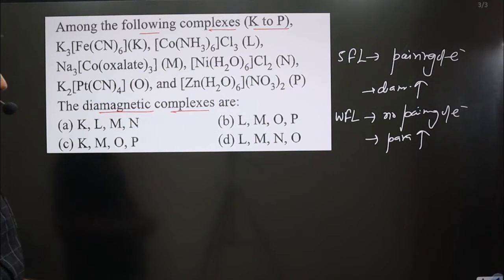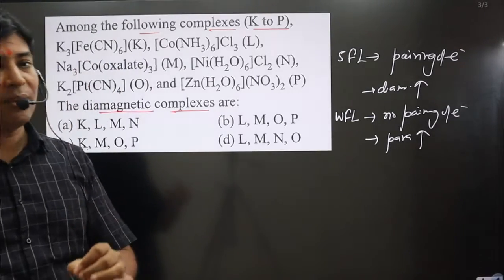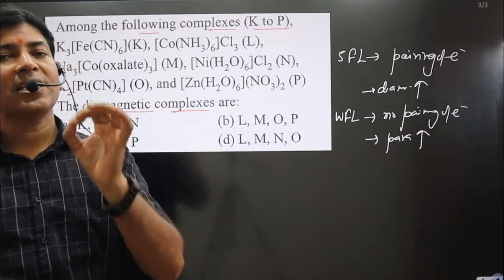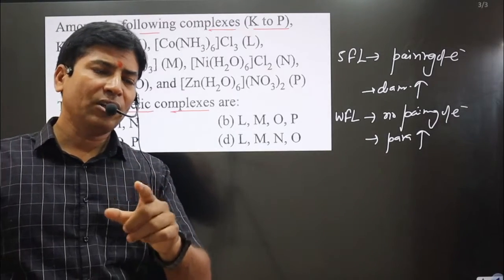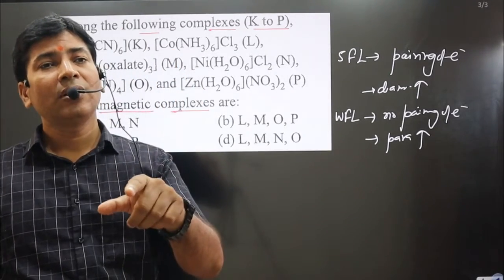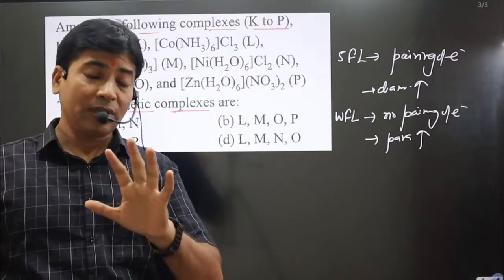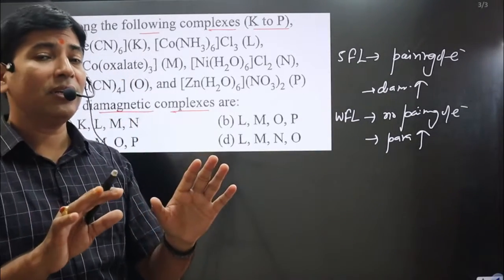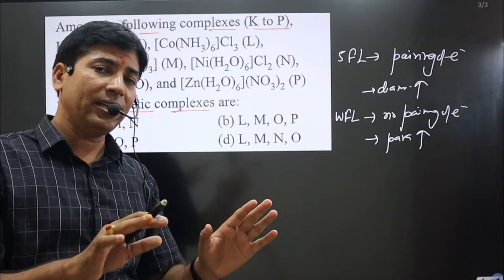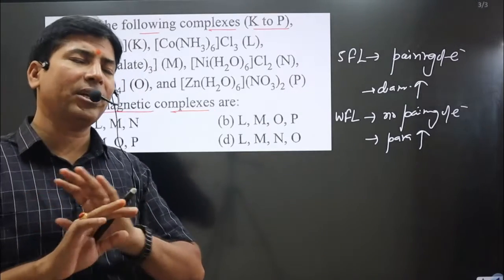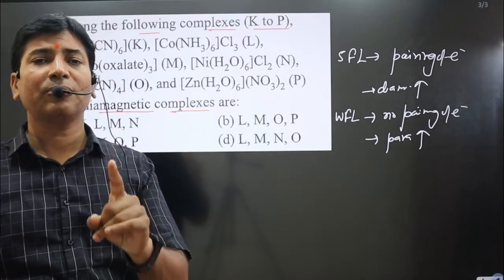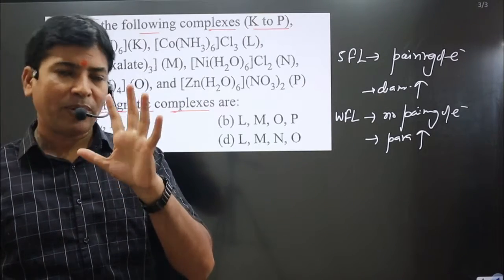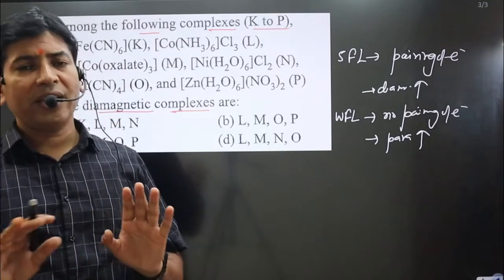And one more thing you should keep in mind: if the central metal atom has an odd number of electrons, it will definitely have paramagnetic character. Why? Because even if a strong field ligand or a weak field ligand is present, it doesn't matter at all. If the central metal atom has an odd number of electrons, it will have paramagnetic character, because complete pairing is not possible.